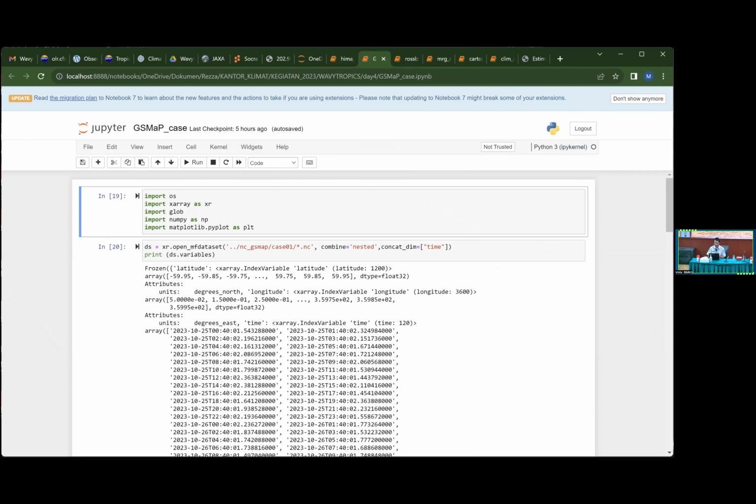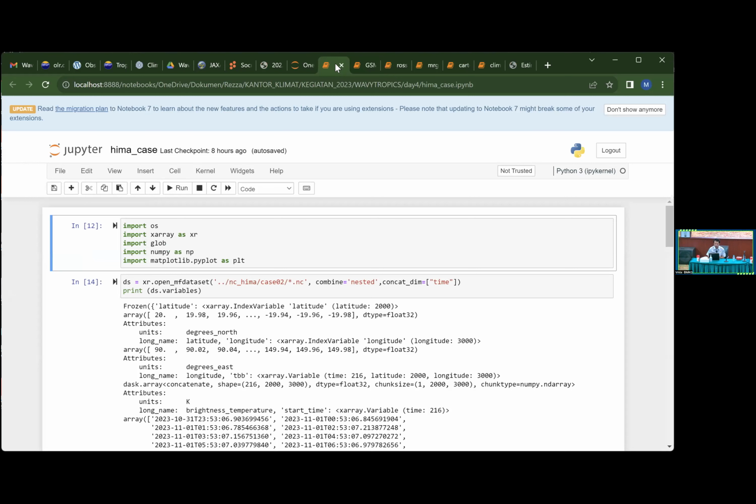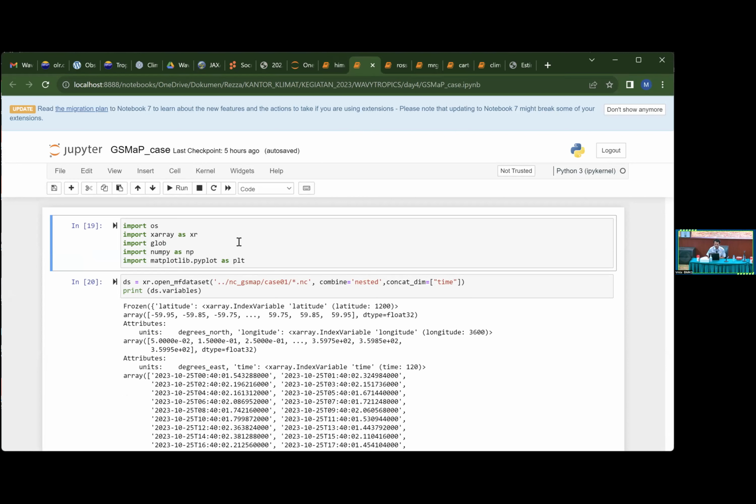Wait a moment, my screen. Okay, so I will try to plot the satellite data, the GSMaP first, okay? So you can open the GSMaP case in Jupyter, and the code is like this.